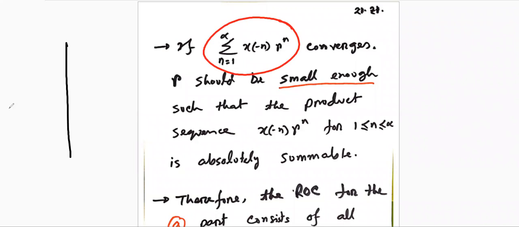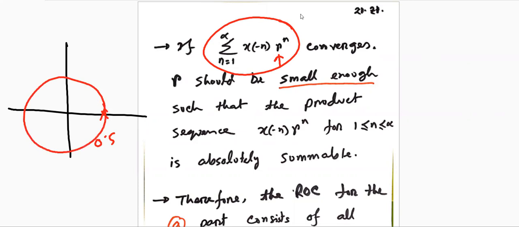Let me draw it. It is always, let's say this value of R represents 0.5, making a circle, and less than that, all the values of R are the solution for this kind of sequence.